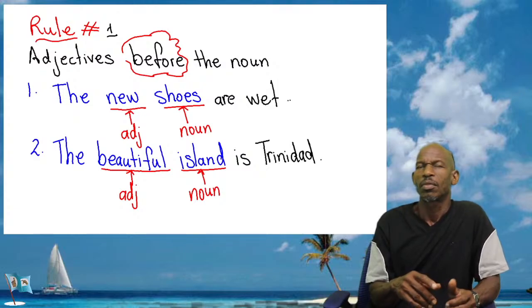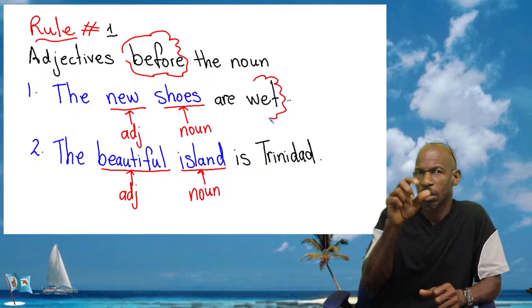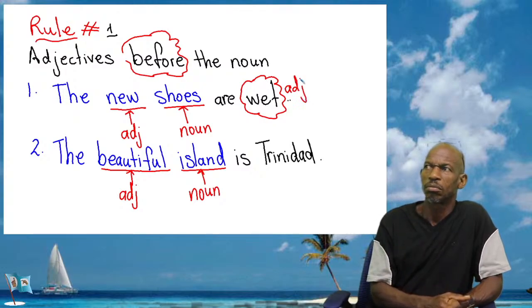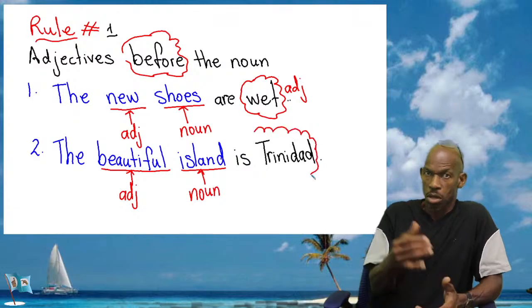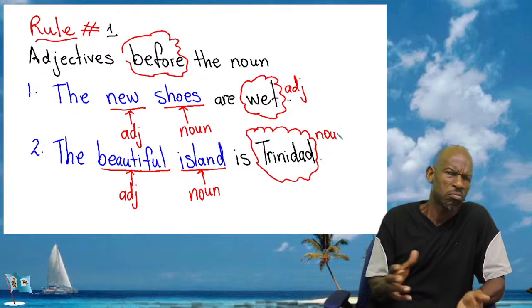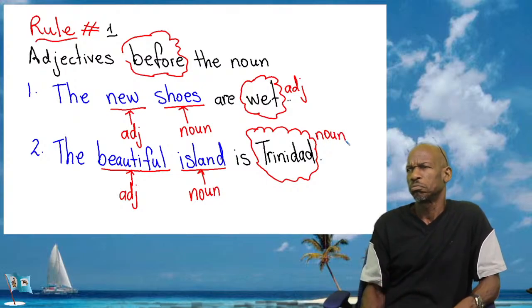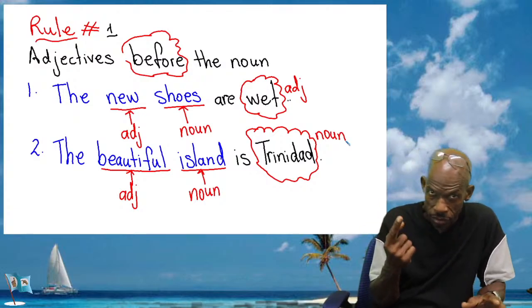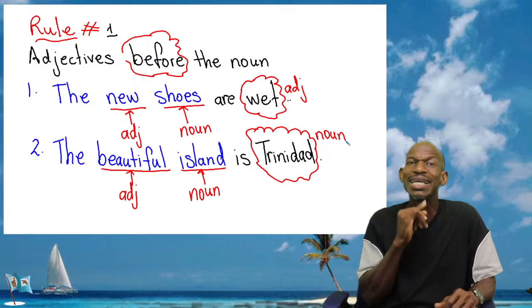So in the first one, I use an adjective at the end. But at the end of this sentence here, I use a noun. I say the beautiful island is Trinidad. But look at the beginning of my sentence.